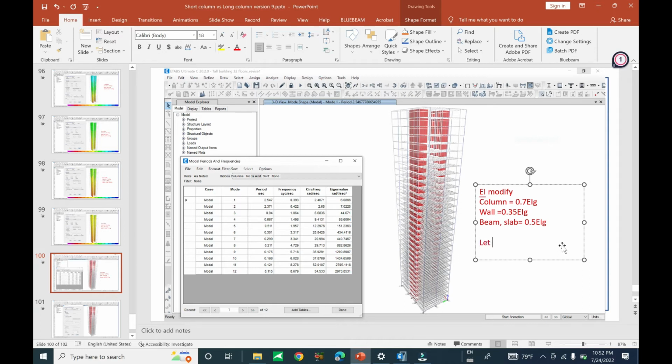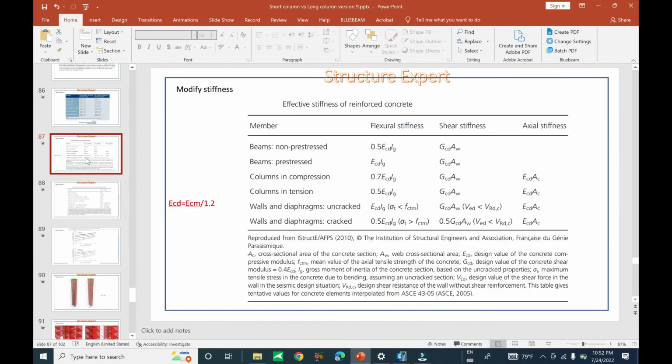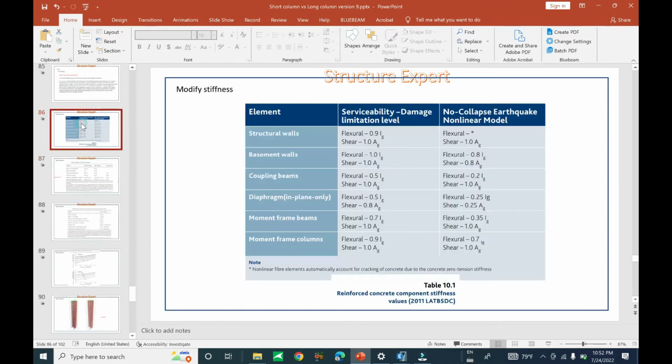Let's change E, use the wall. Now you can change the wall. Let's check in the slide. The wall ECD multiplied with IG, or you can use the option for the wall 0.9 IG.